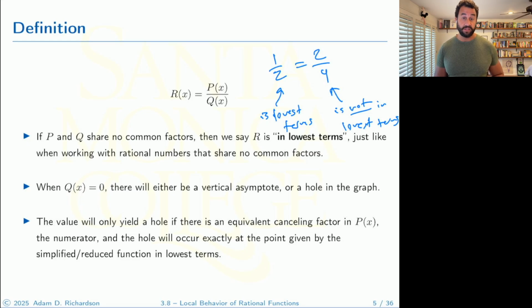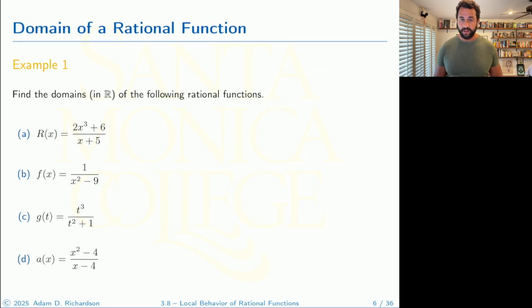And what's really cool is the hole will occur exactly at the point given by the simplified or reduced rational function, the function that's in lowest terms. So if you want to locate the hole, reduce the fraction and then plug in the x value where that hole is, and it'll give you the y value. We'll see that in just a few minutes here.